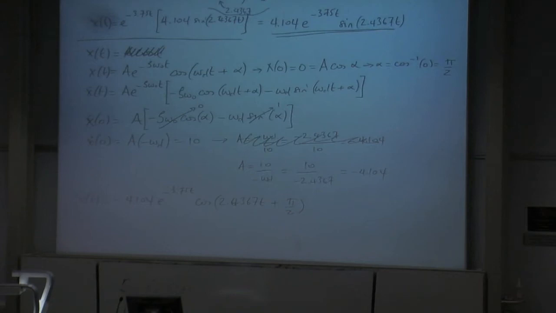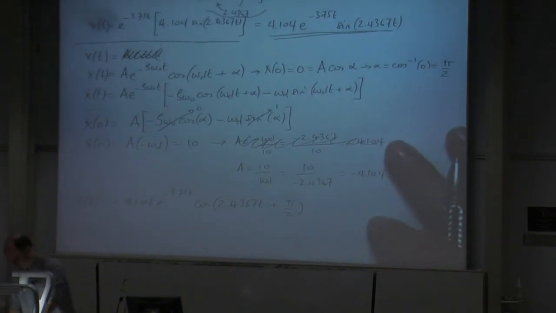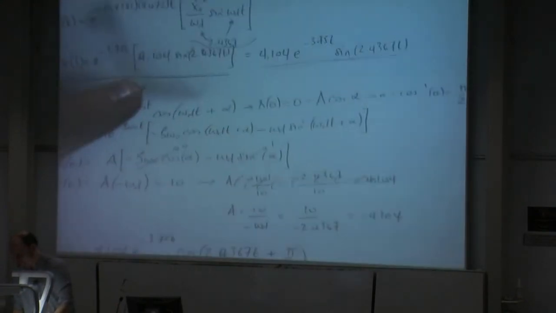Now that is also a valid solution. But you're probably thinking, hold on, that doesn't look anything like what I've got up there. And you'd be right, it doesn't look anything like it, but I can assure you it's the same thing. And let me show you that it's the same thing. Both of those would be valid solutions.